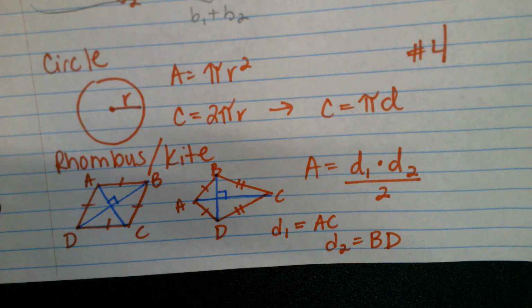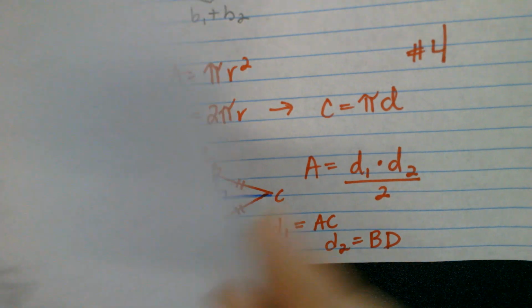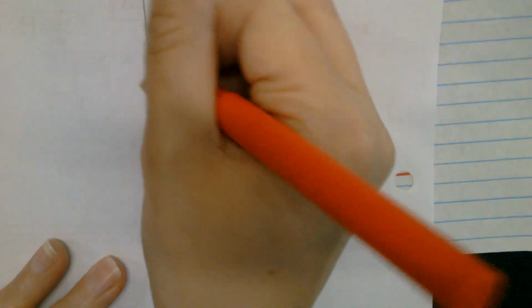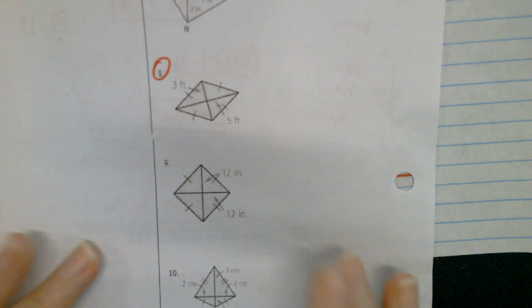Well, those are both kites. How about we do 10, and how about we do 8, the even ones? Or do you want to do 11 and 9? Do you want to do the harder ones? Okay. 8 and 11? Yeah, let's do 8 and 11. Okay. We can mix it up.